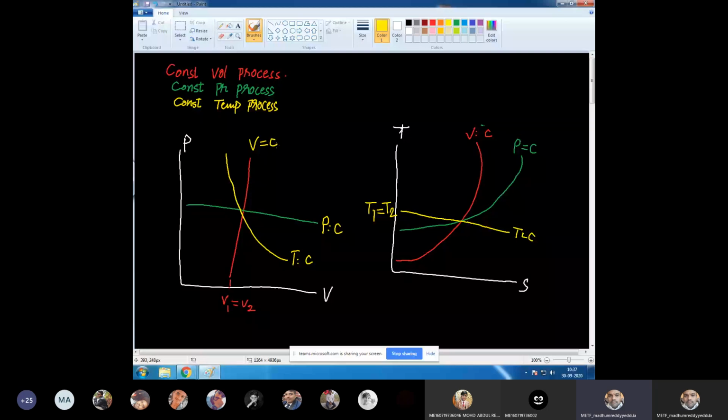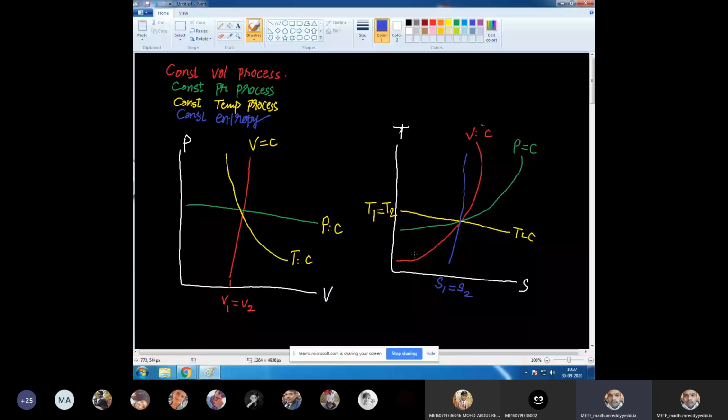Okay. Next, fourth process is constant entropy process. In TS diagram, entropy constant means it is a vertical line. Therefore, S1 is equals to S2.